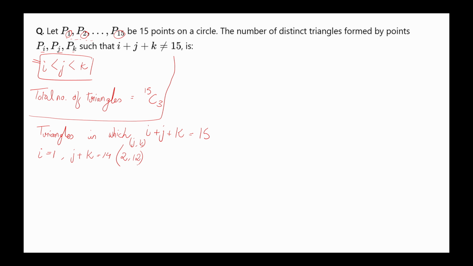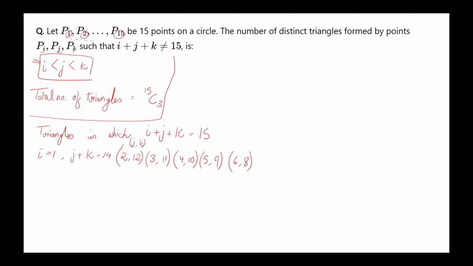It can be 2, 12; 3, 11; 4, 10; 5, 9; 6, 8; and 7, 7. Again, I cannot take 7, 7 because j is less than k, not equal to k. Of course, the 15 points that I have are all different points, there is no coinciding point here. That means I cannot take 7, 7.